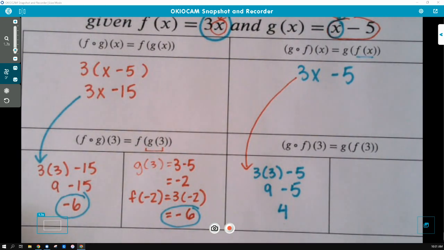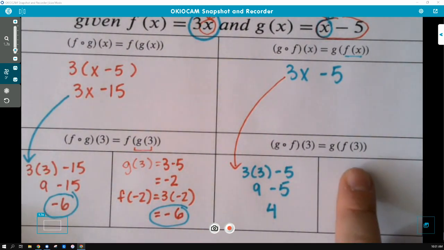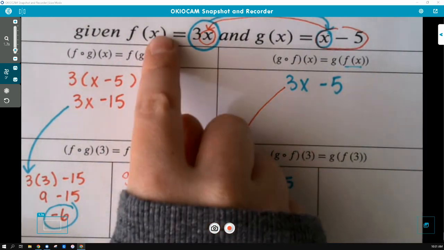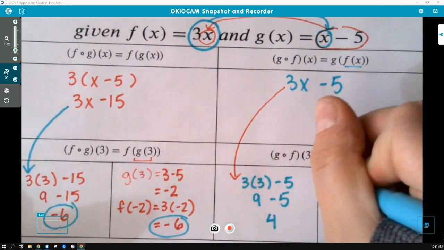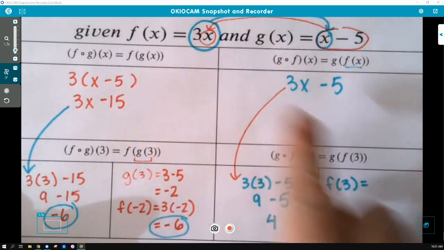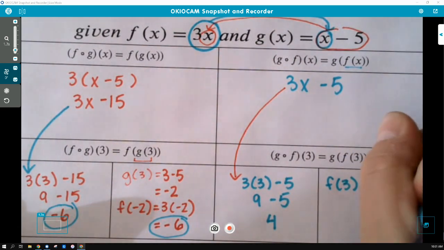So we can do it that way. Or we can take f of 3, find f of 3. So f of 3 would be 3x, so that would be 3 times 3, which is 9.